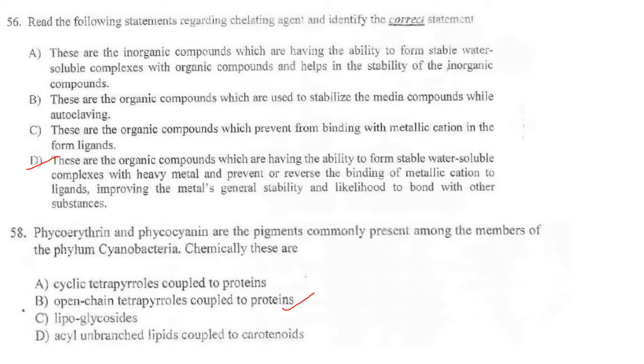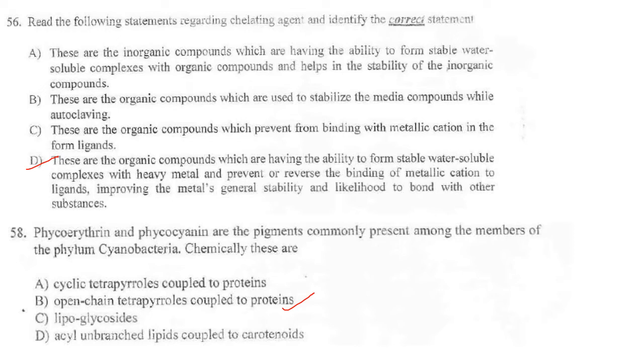Then read the following statements regarding chelating agents and identify the correct statement. So the correct statement is: these are organic compounds which have the ability to form stable water soluble complexes with heavy metals and prevent or reverse the binding of metallic cations to ligands, improving the metal's general stability and likelihood to bond with other substances.